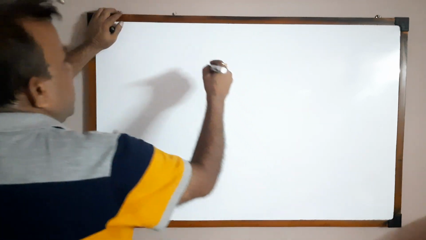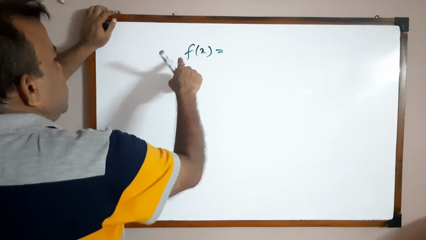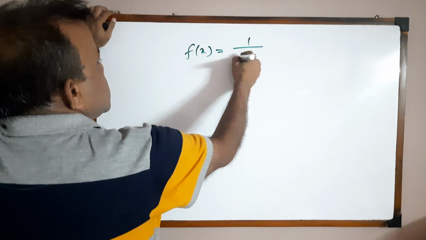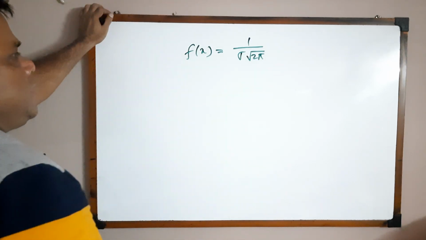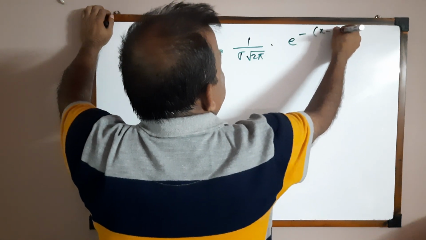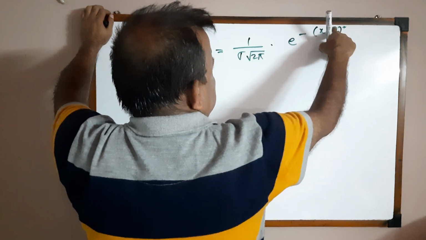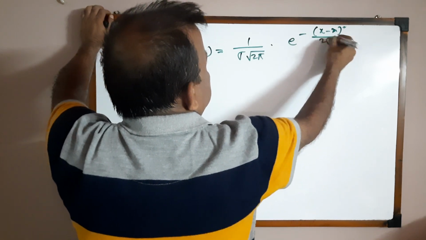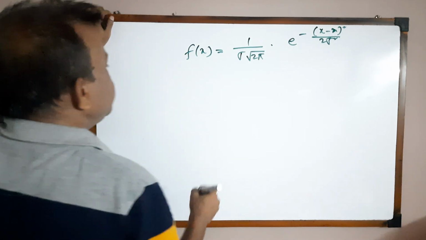As we know that the PDF, probability density function, of normal distribution is 1 by sigma into root over of 2 pi into e to the power minus (x minus m) whole square by 2 sigma square. Okay, PDF of normal distribution.